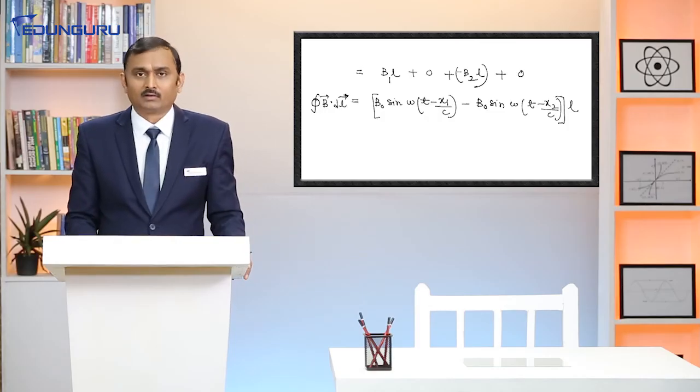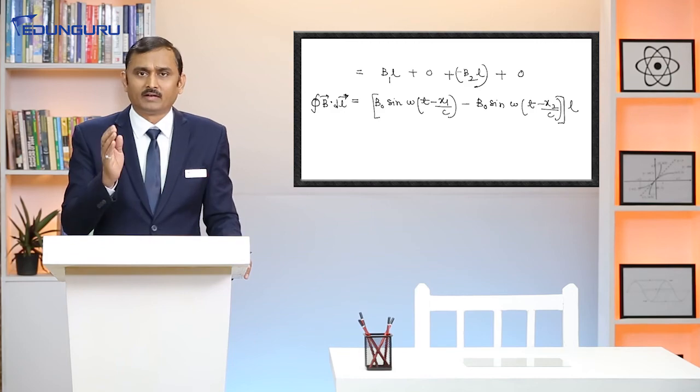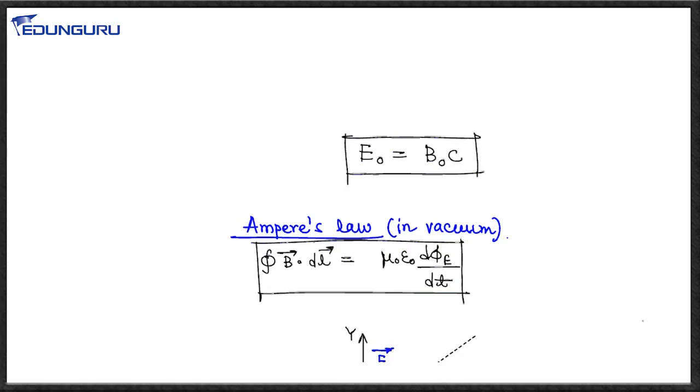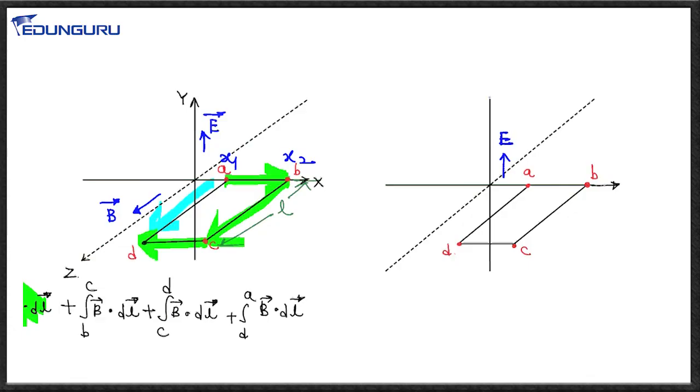Now we have found the expression for the left hand side of this equation. Now we will try to find the expression for the right hand side of this equation by calculating the electric flux. So here we have this electric field E, which is towards the y axis, right?